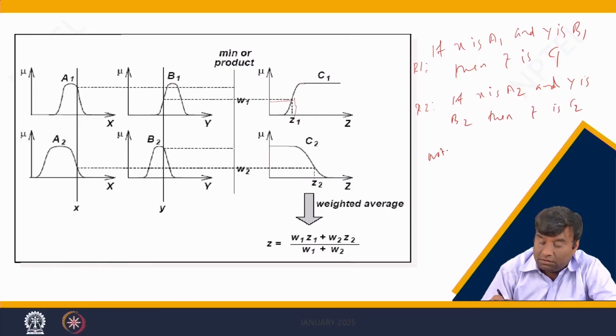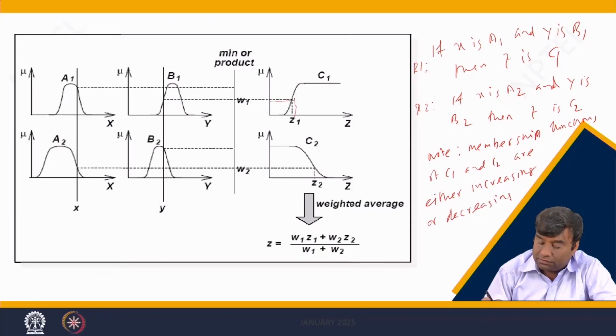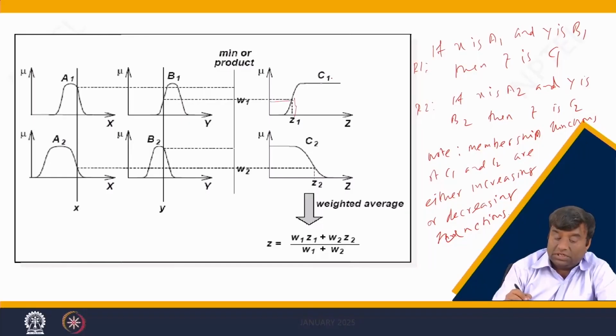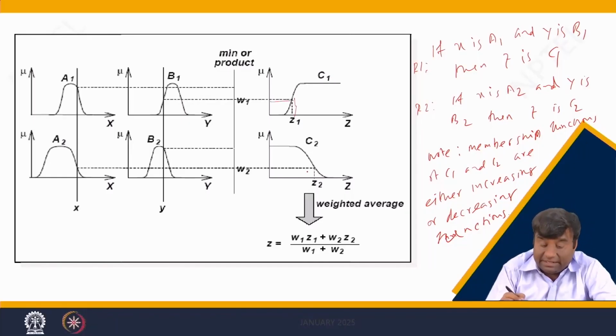Note here that the membership functions of C1 and C2 are monotone, either increasing or decreasing functions.